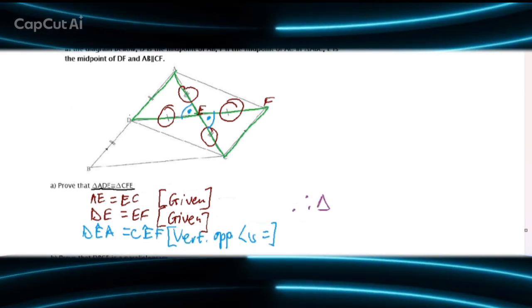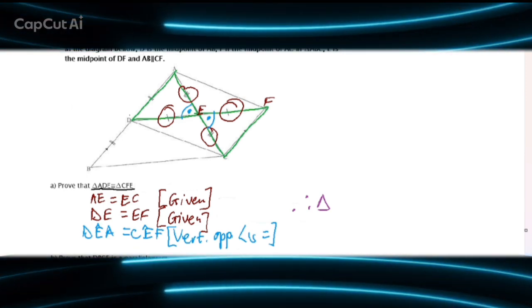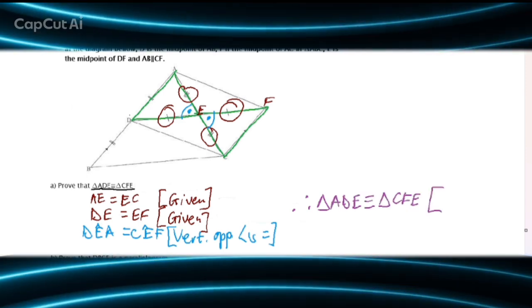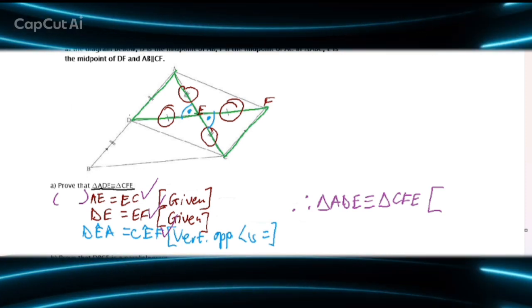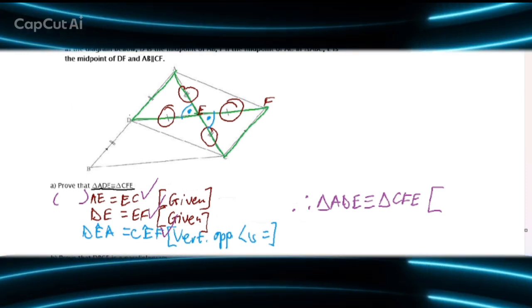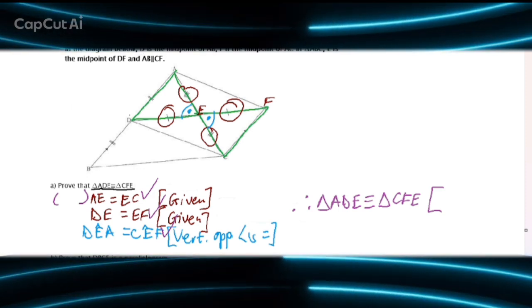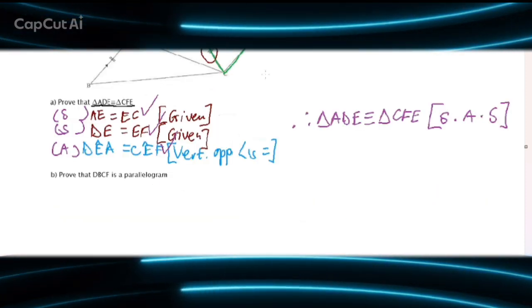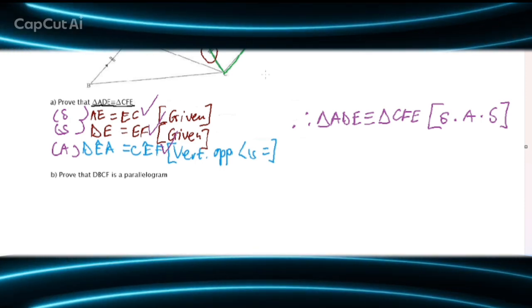So from this, we can conclude that triangle ADE is congruent to triangle CFE. Reason being side, angle, side. This is a side, this is a side, and this is an angle. So our reason here will be side, angle, side.